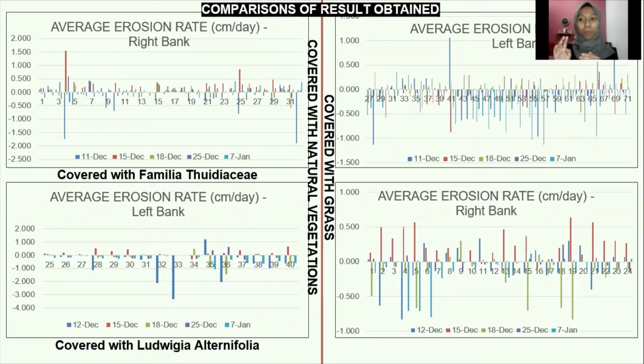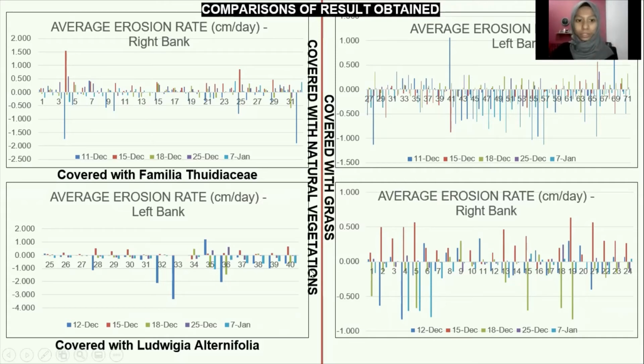So one location would have 4 graphs developed for the average erosion rate. The comparison is made between the location that is covered with grass and the location that is covered with natural vegetation.